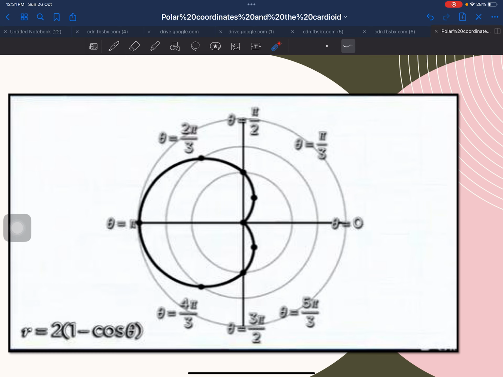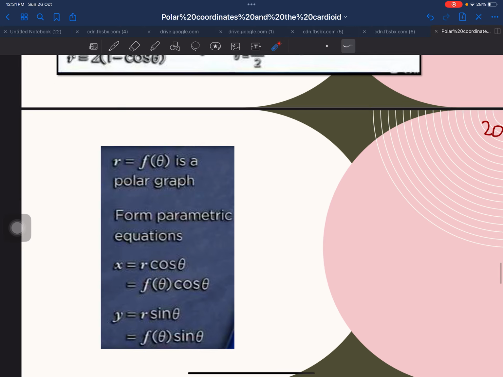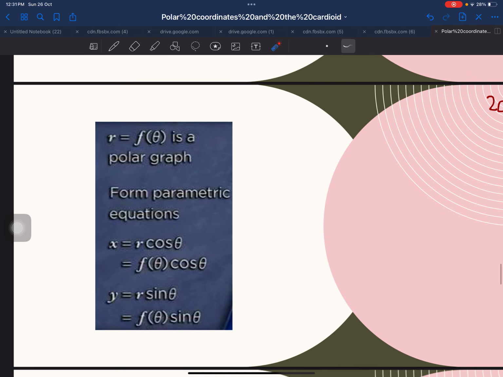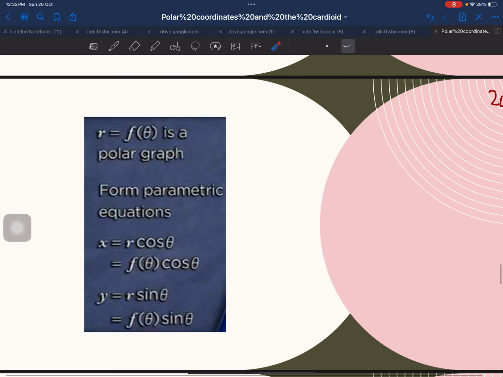Okay, so I'd like to talk about how to calculate derivatives in particular. Okay, so finding the horizontal and vertical tangents. So here we go. You're given a function like r equals f of theta, like the previous cardioid. Okay, that's a polar graph. Well, the way to calculate the derivative is just to go back to our knowledge of parametric equations.